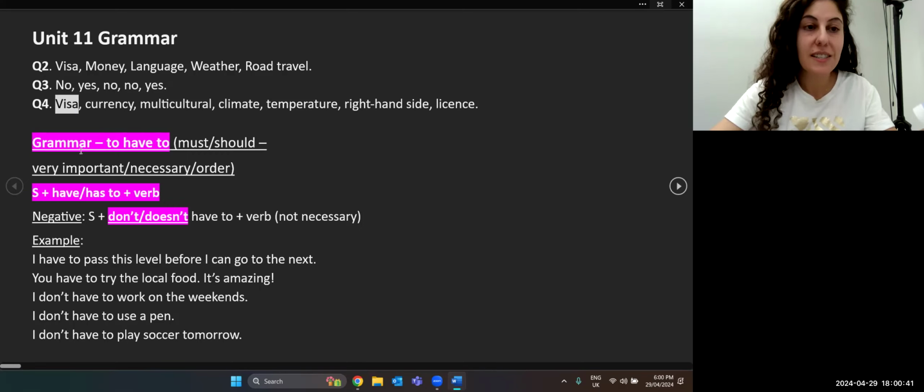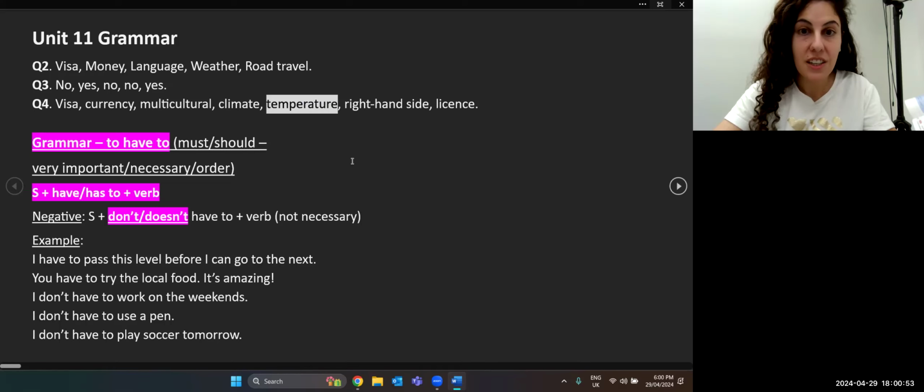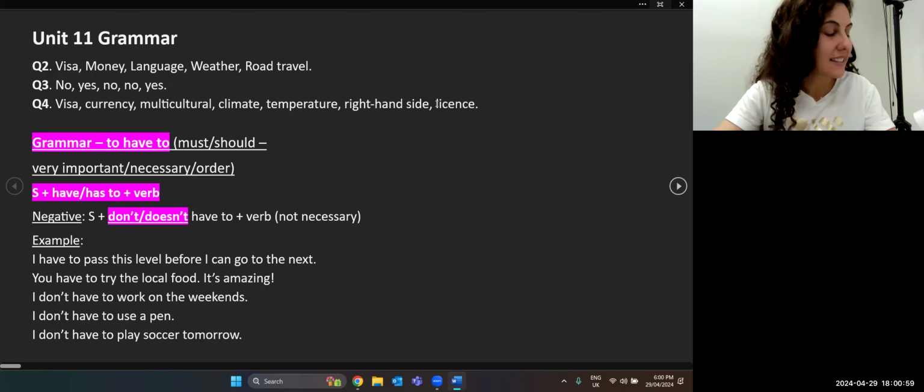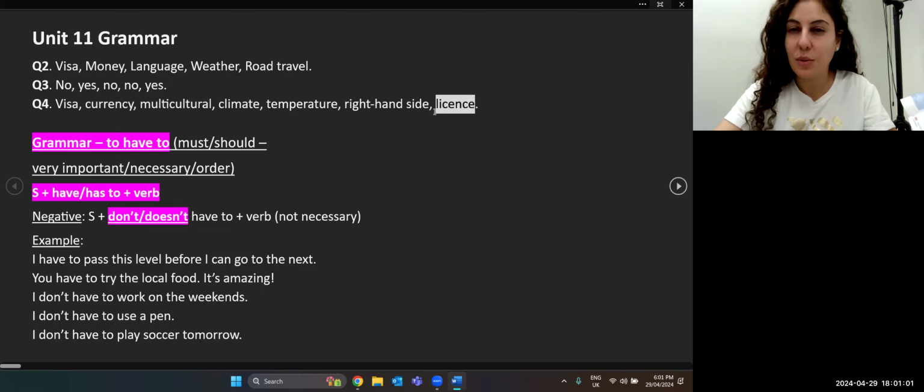Okay, so these are the words: visa, currency, multicultural, climate, temperature, right-hand side, and the last one, license. So this is a hard one to spell, license.